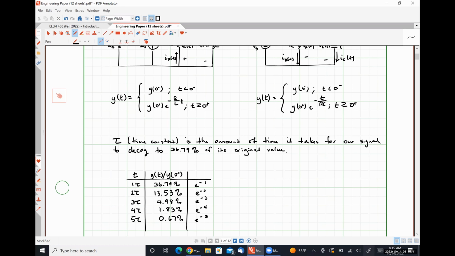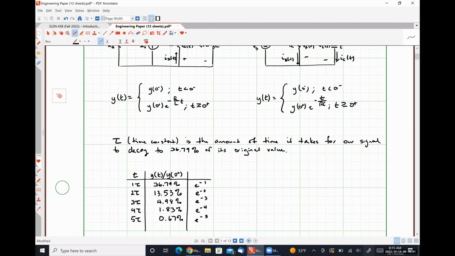So that's why when we were talking about things yesterday, and I said a long time after the switch has closed, we actually have a numerical value for infinity in these cases. Depending on what our time constant is, this can be somewhere in the range of a couple of seconds to a couple of minutes to a couple of nanoseconds or something like that, just depending on what our resistor, inductor, and capacitor values actually are.